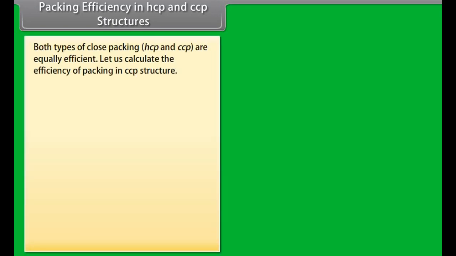Packing efficiency in HCP and CCP structures. Both types of close packing, HCP and CCP, are equally efficient. Let us calculate the efficiency of packing in CCP structure.